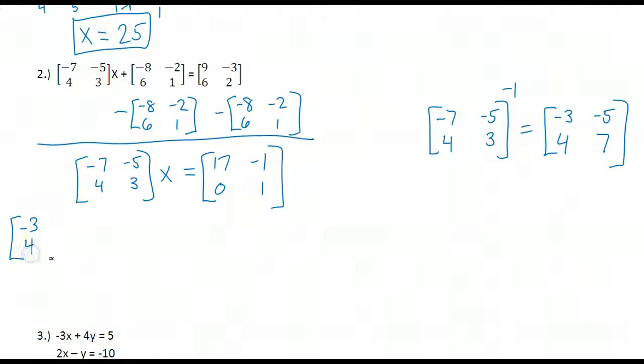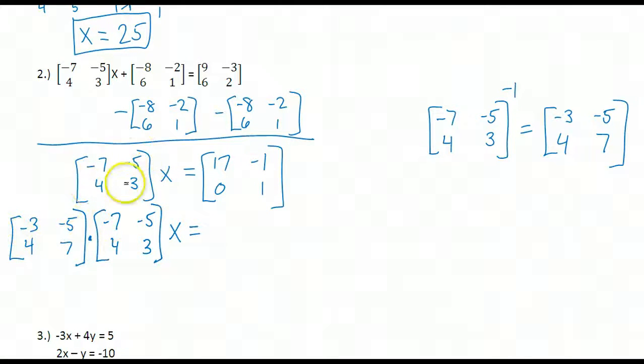Notice that the matrix that I'm multiplying by is going to be on the left side of the right side. And since this is on the left side of this part, I'm going to put this on the left side of my right side.